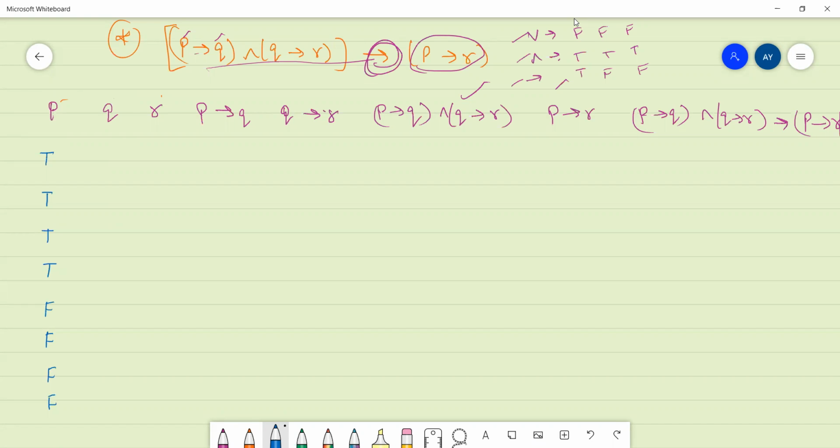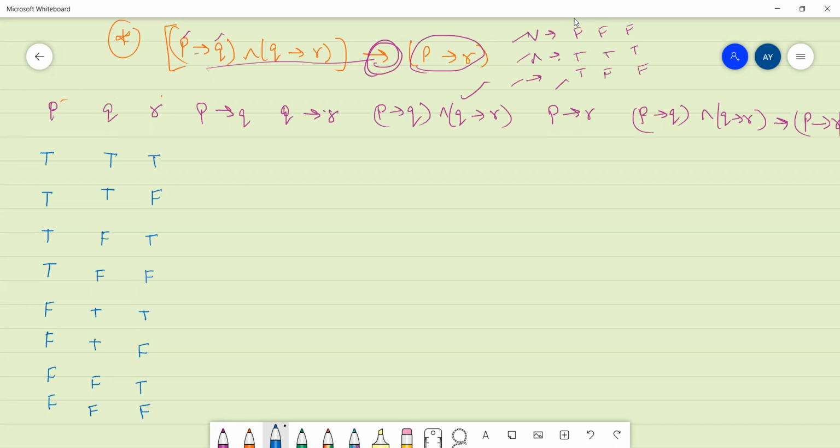As there are 3 propositions, we have to take 4 truths and 4 falses for P. Now coming to Q, you'll have 2 truths, 2 falses: true, true, false, false, true, true, false, false. Am I clear till here? Then R alternates truth and false: true, false, true, false, true, false, true, false.